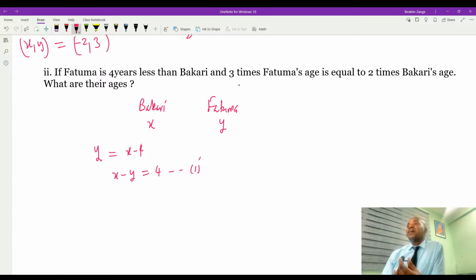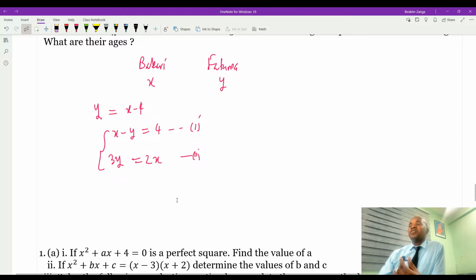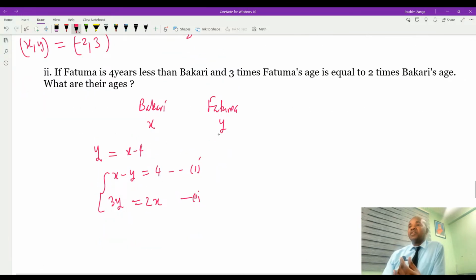And also, 3 times Fatuma's age, we are talking of 3Y. 3 times Fatuma's age is equal to 2 times Bakari's age, 2 times Bakari's age, which is X. So you have a second equation. Actually, you have now to say we have simultaneous equation to be solved. So combining these two equations, from this equation here, I can make x the subject, or say that x is 3y over 2.